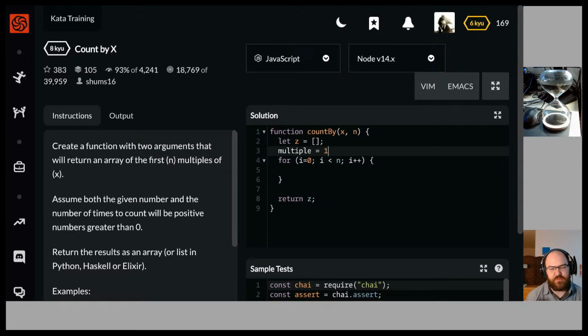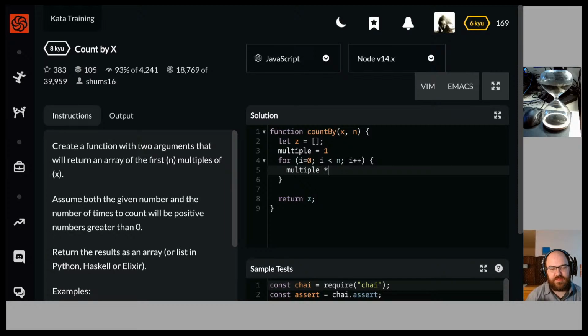I'll start with multiple equals 1 because that's the... I'll explain it once I write the code, because I can only think hard enough to write the code right now. You know, we're gonna do, yeah, this is fine.